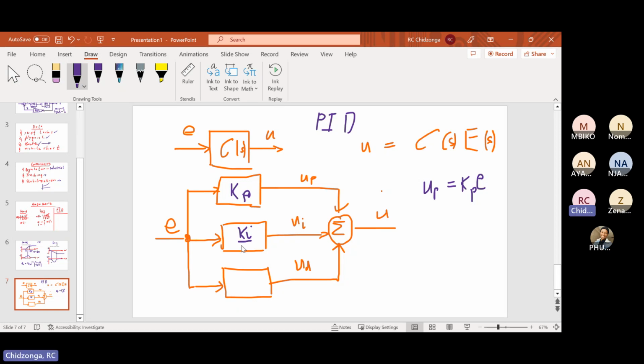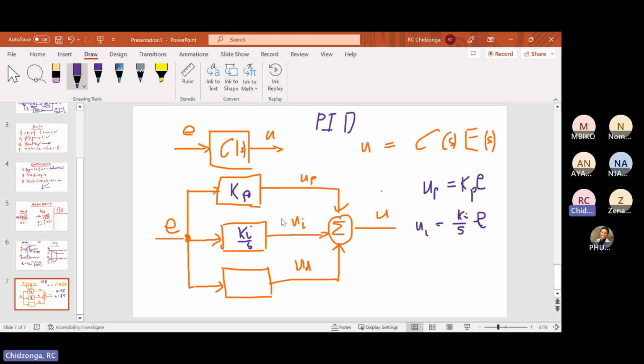In the S domain, integral is 1 over S. So this output U subscript I is actually the integral of the error, which we can write as Ki over S times E. All right.